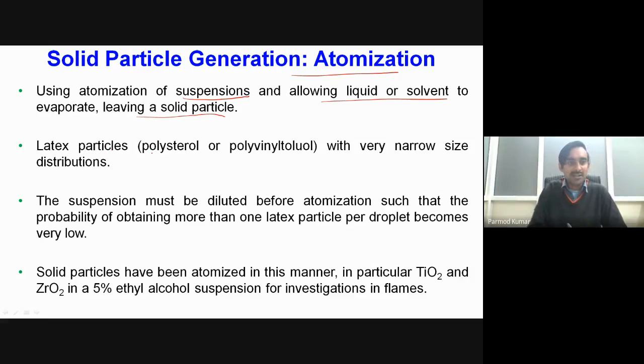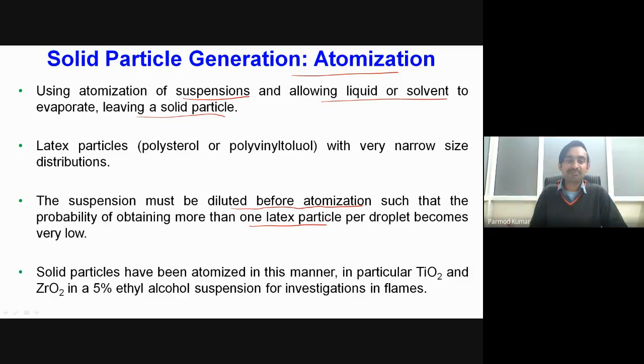Okay, so latex particles are generally employed with very narrow size distributions in order to obtain such particles, and the suspensions we consider must be dilute enough before atomization. Why? So that when we obtain the solid particles, there is only one latex particle inside each one. If our concentration is higher, then we may have more than one latex particle inside our final solid droplet.